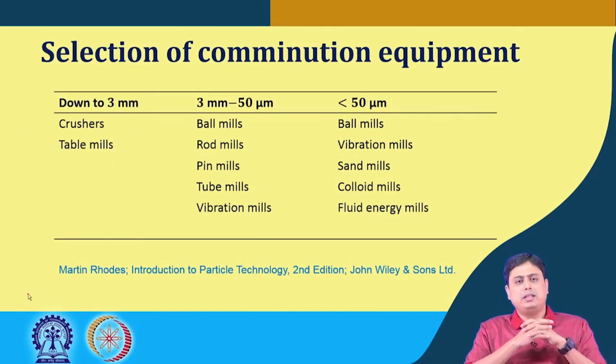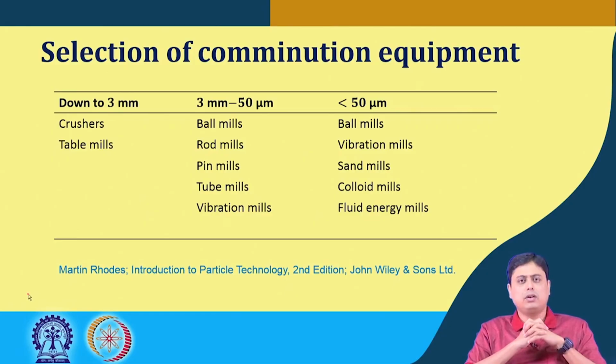Based on that, we have seen several categories: impact plus attrition, compaction, crushing plus attrition, and the combination of all these mechanisms. And today we have seen that based on the desired level of size reduction, which types of equipment or which specific equipment we can use.